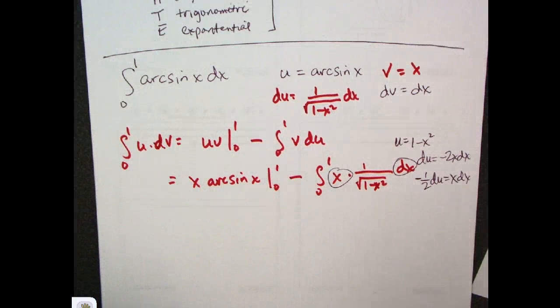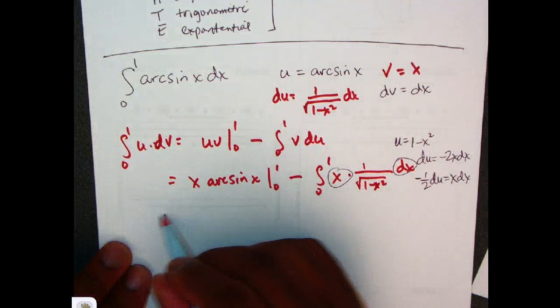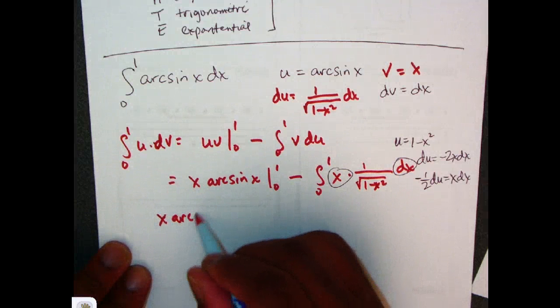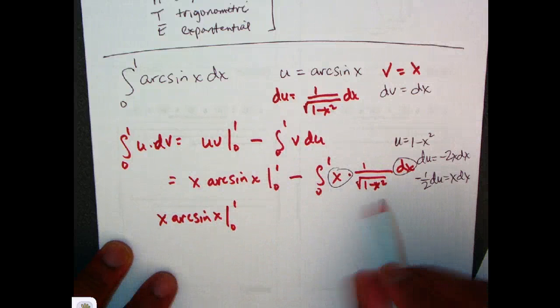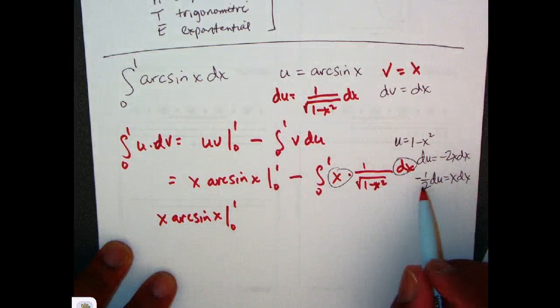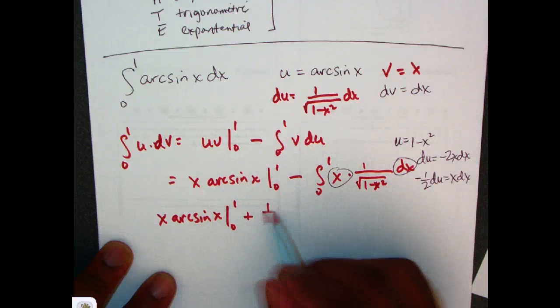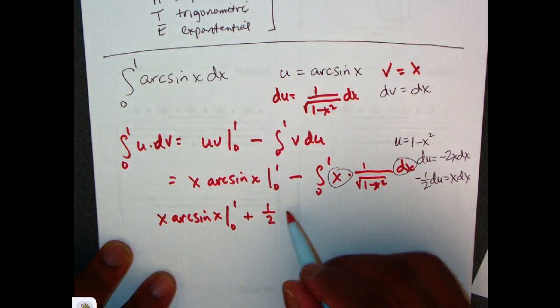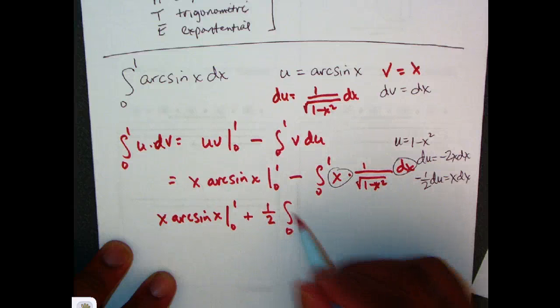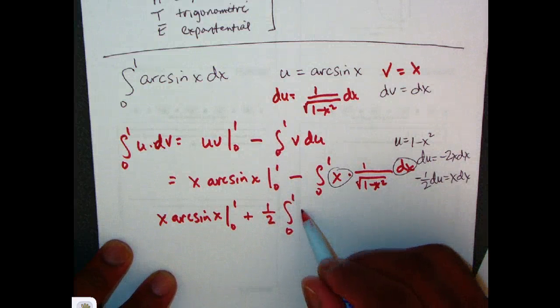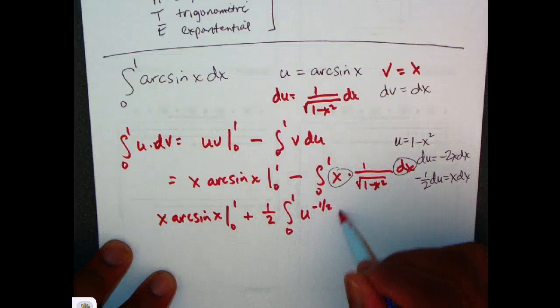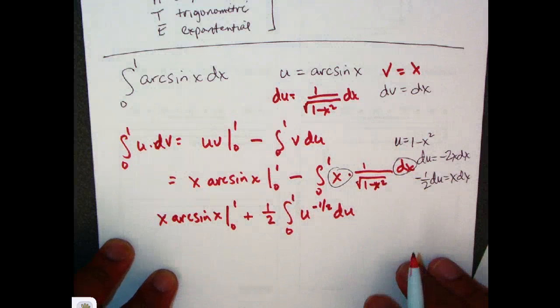So we end up with x arc sine of x evaluated from 0 to 1. So we have minus and then a negative 1/2. So that'll be plus 1/2 times the integral from 0 to 1 of u to the negative 1/2 du.